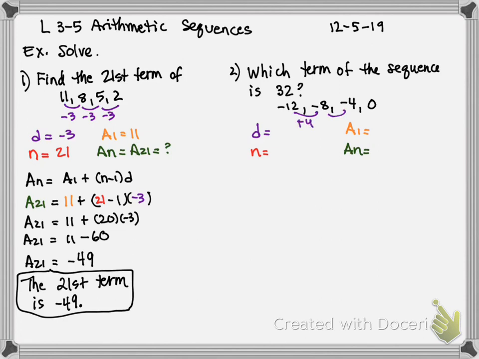Plus 4, plus 4, plus 4. Okay, what else do we know? Let's go with Arnav. The first number of the sequence is negative 12. Yeah, this guy right here, negative 12. Okay, what else?